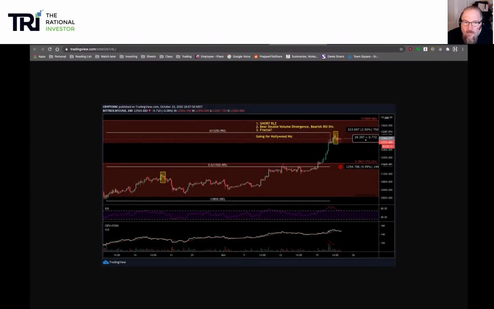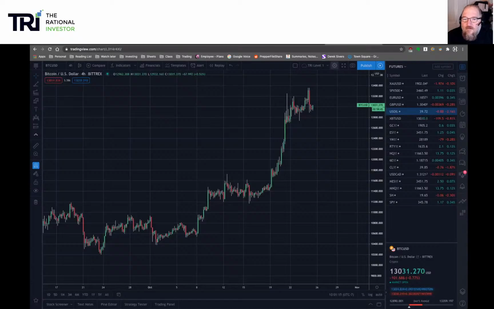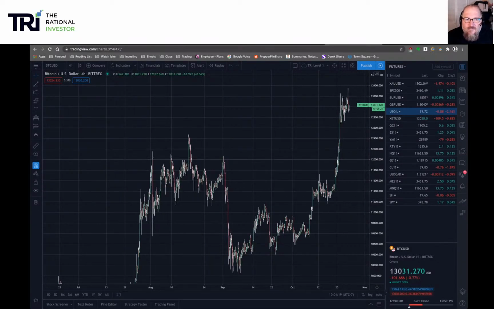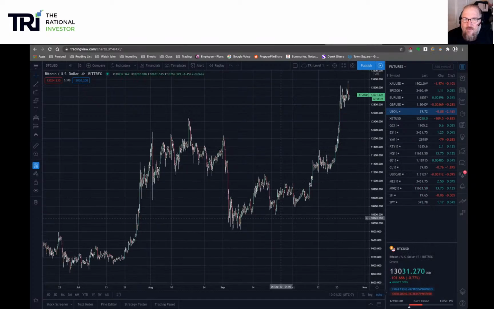So we've gone up. Looking at a reload zone down here. Oh, you're looking for a short RLZ. I'm not sure that I have a short RLZ in recent memory.